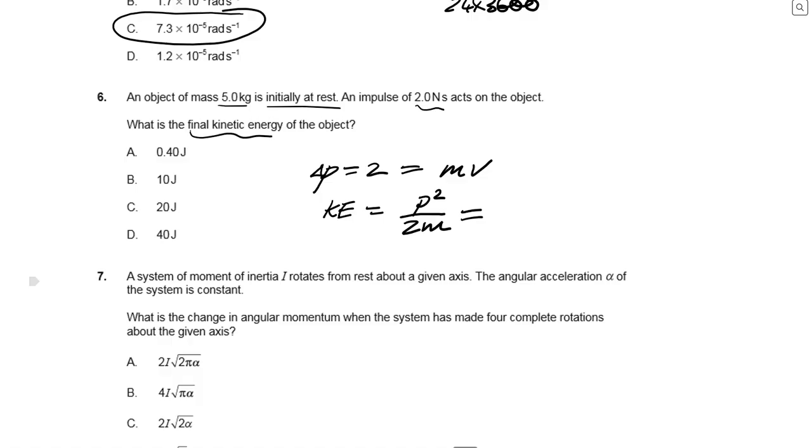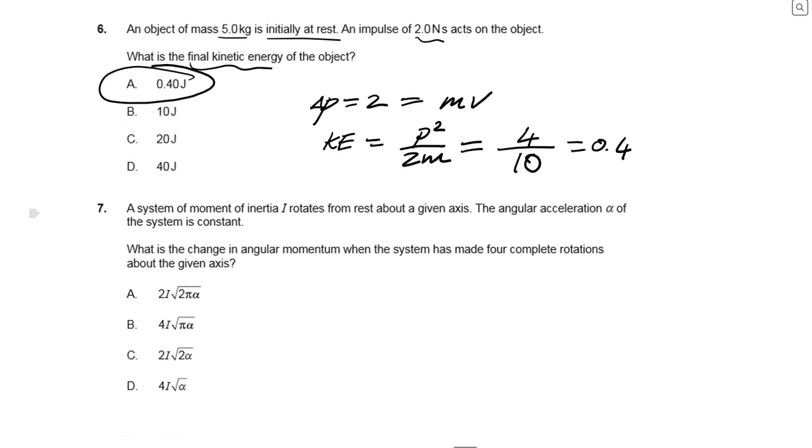So definitely remember your formulas, right? That's why I'm able to do this so fast. So we know p is equal to 2, because the object is at rest, so delta p is equal to p. So 4 divided by 2m, m is 5, so 10, and that would be 0.4. So our answer is A.